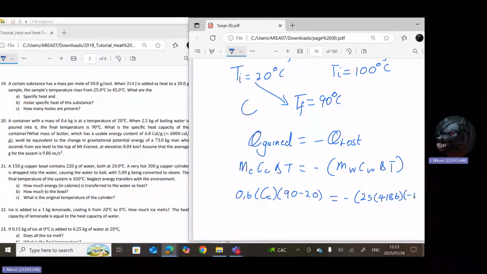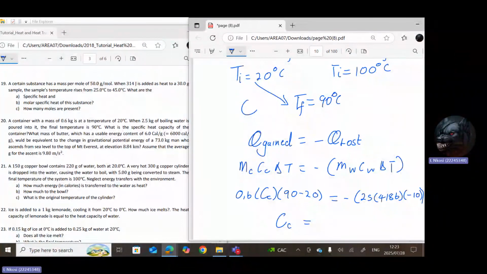So it's minus 10 here, because the final is 90, and 90 minus 100 is minus 10. So you solve for the specific heat capacity of the container.